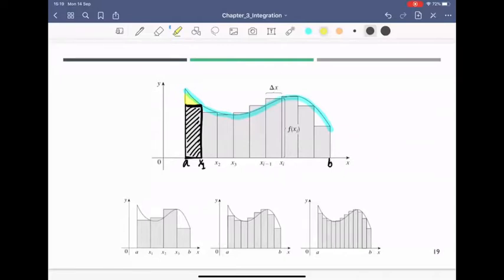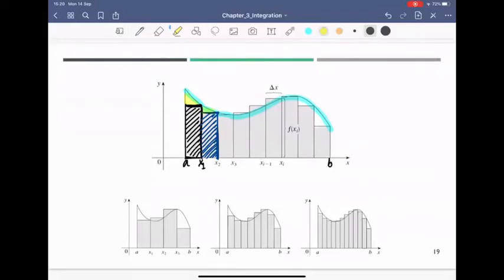Next, we look at x1 to x2. We look at the y value at x2, make the box again, and compute the area for this stack. This is not exact, because we are going to miss a little bit.